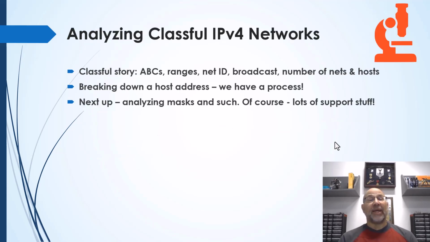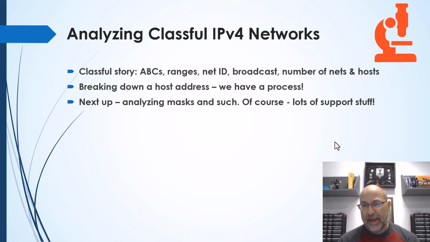All right, this has been analyzing classful IPv4 networks. We did the classful story, the ABCs. We did our ranges. We know that each network has a possible set of addresses and then a smaller usable set of addresses. We know the network ID and what those broadcasts are for.